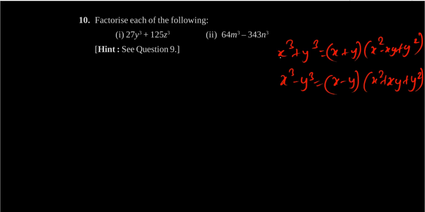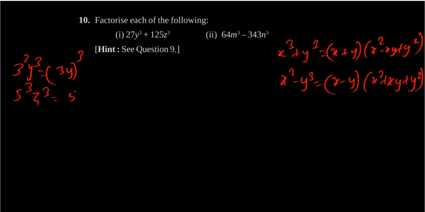So first let me identify what is x, what is y. The first term is positive, so that is based on this first identity. So in place of x cube, we have 27 y cube. So this 27 can be written as 3 cube, y cube is 3y the whole cube. And the second term, 125, can be written as 5 cube z cube.